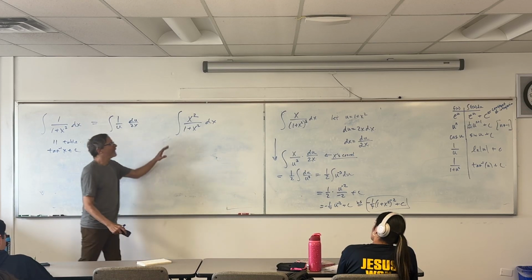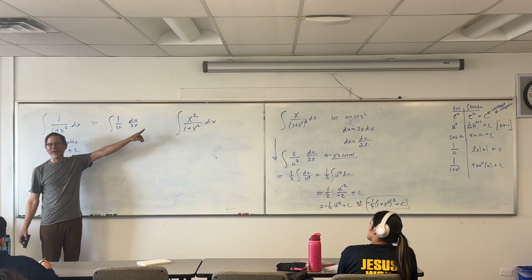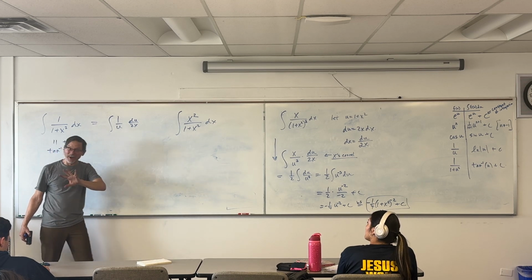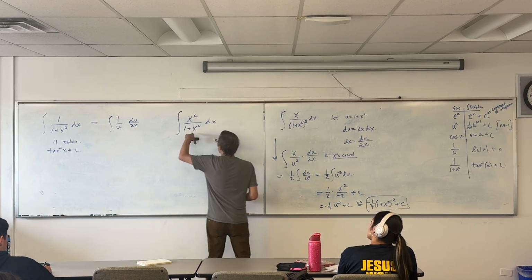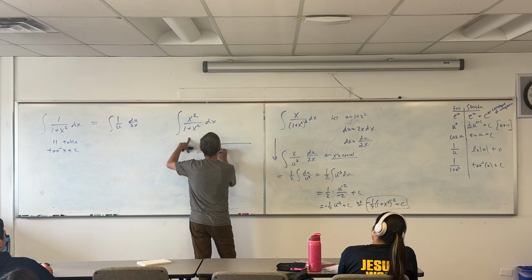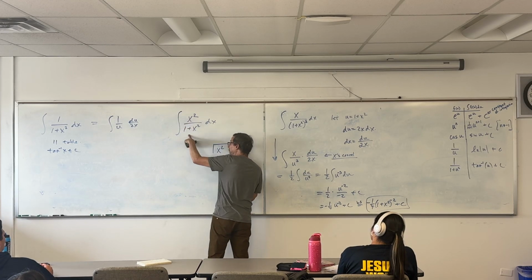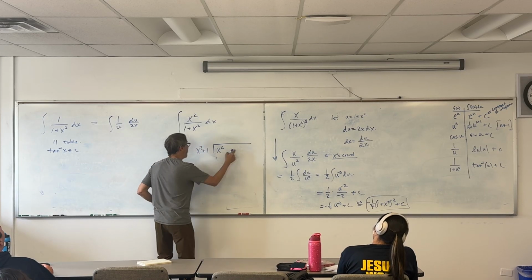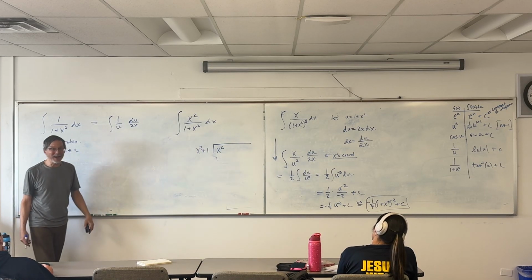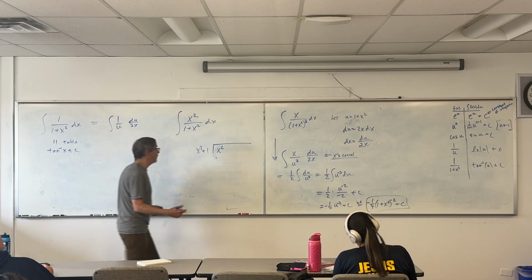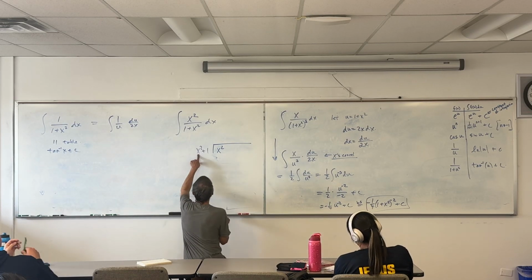Gotcha. So this one is a little weird, and we've never actually done this in this class, but it's a good thing to know how to do. We can do long division with this. Since the top is the same degree as the bottom, and they're both polynomials, I'm going to divide. You might not have ever seen this, but it's definitely a cool thing to do. You look at your leading term.